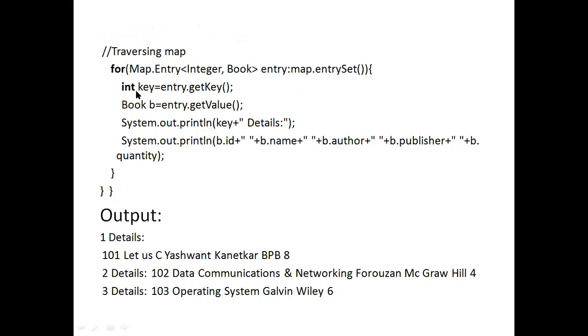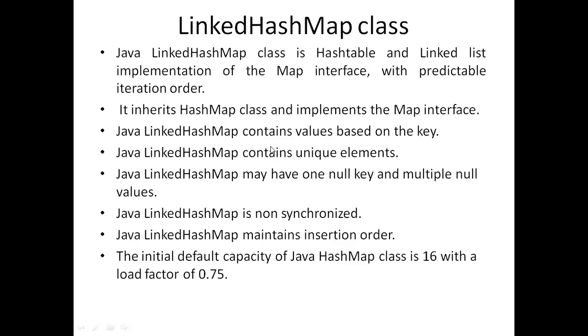Traversing the map: Map.Entry<Integer, Book> entry, entrySet, already discussed. key equal to entry.getKey, b equal to entry.getValue, System.out.println key, details. So what will the output be? 1 details, 2 details, 3 details completely will be printed. Okay, this is about hash map.